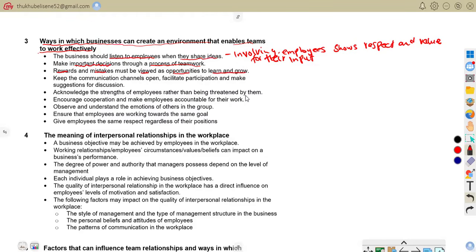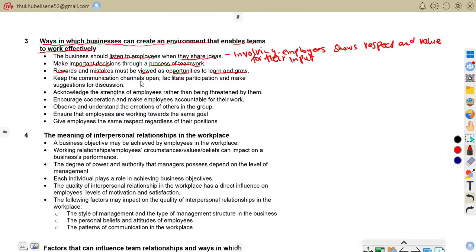So we view rewards and mistakes as learning opportunities. This is why you encourage continuous improvement. For example, when a project fails, the team analyzes what went wrong instead of blaming. Hope we are together on that.